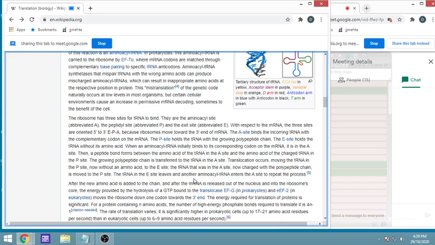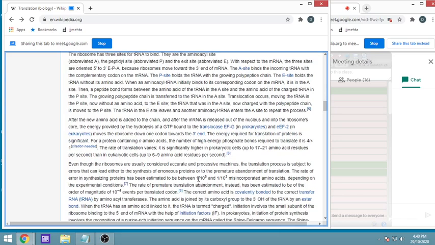It will move the tRNA in the P site, and now it will be without amino acids, and then the tRNA charged with the polypeptide chain is moved to the P site. So these three important sites, the A site, P site and E site, work in a particular sequence to make the protein formation.